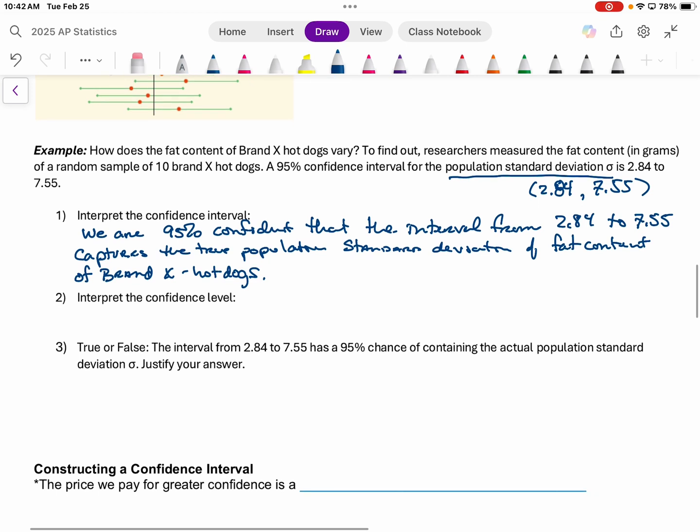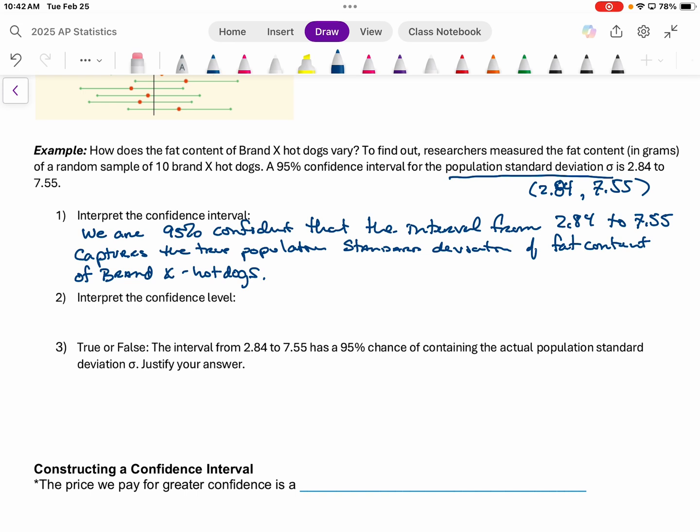Okay. So again, all I did was use the script that they gave me. I like always starting this way because that's the most common way that they do stuff. We are whatever percent confident that the interval, we state what the interval is, captures the true population, and then we would say standard deviation.